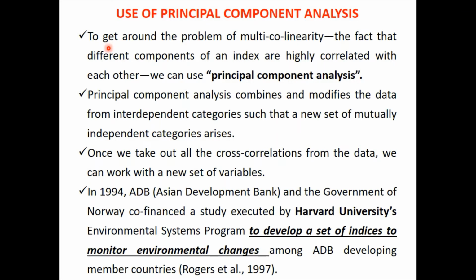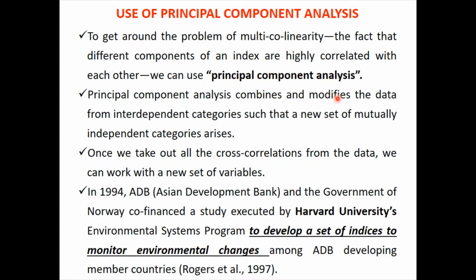So the next point in the unit is the use of principal component analysis. In order to get around the problem of multicollinearity, that means the fact that different components of an index are highly correlated with each other, we can use this concept of principal component analysis.